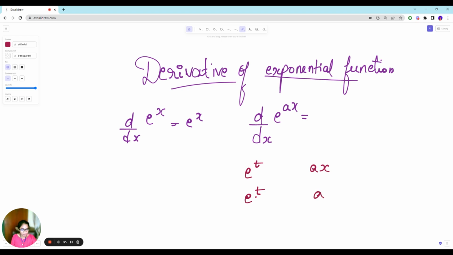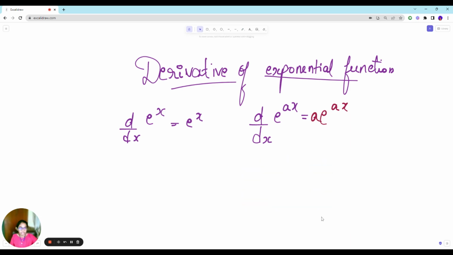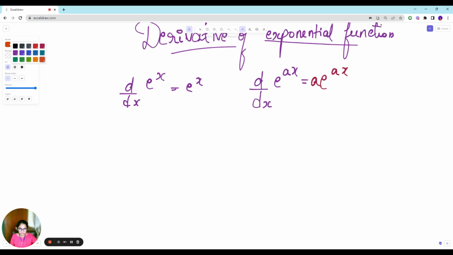If I resubstitute the t value, that would be e power ax into a. This is our chain rule. Correct? So now let me take the first problem. This is some basic knowledge that you should have to solve problems on derivatives of exponential functions.